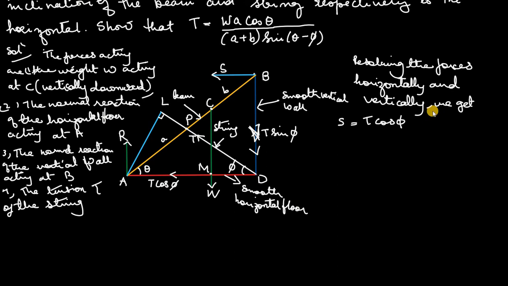So the normal reaction R is equal to W plus T into sin phi. Name it as equation 1 and this as equation 2.